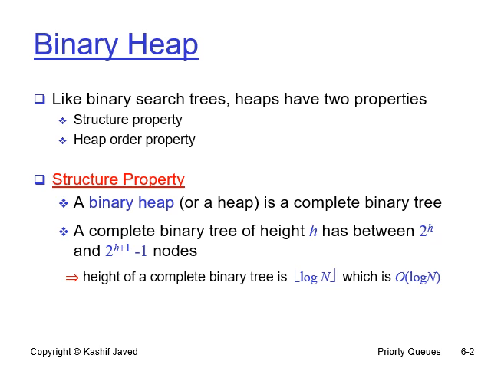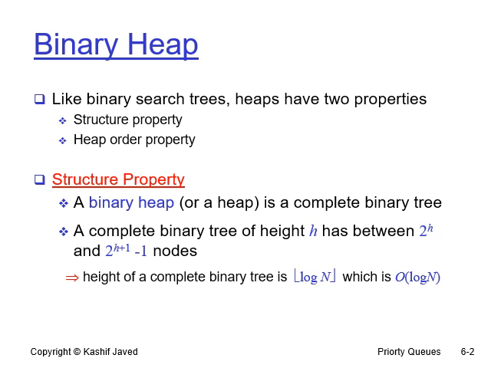So structure property is a binary heap or a heap is a complete binary tree. Priority queues will be using a binary heap, and for a binary heap the first property that has to be fulfilled is that a binary heap or a heap is a complete binary tree. A complete binary tree of height h will have between 2 raised to power h and 2 raised to power h plus 1 minus 1 nodes.